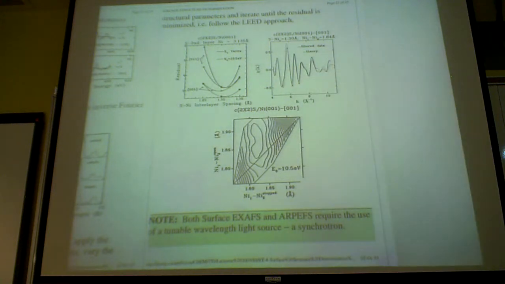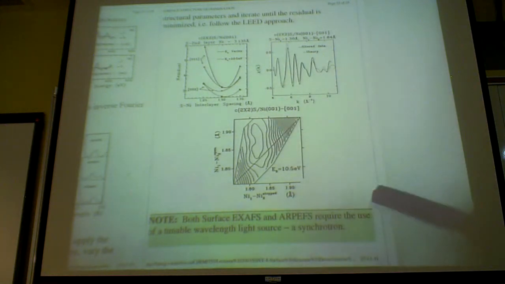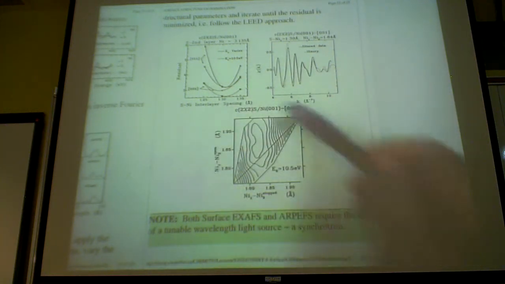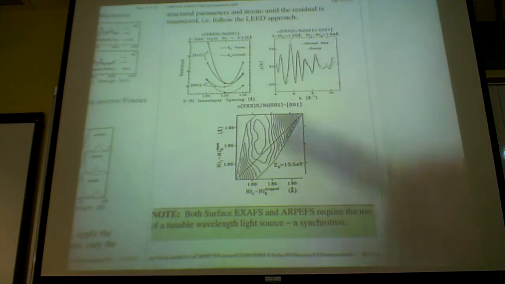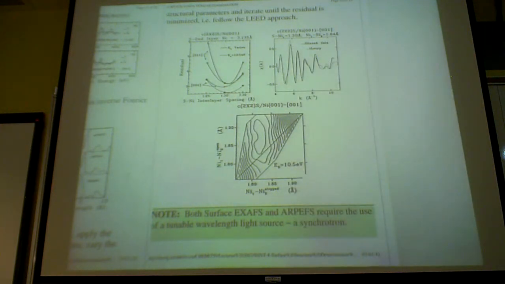Then you can vary one of the parameters of your structure, generate another curve and compare again, and from there you can calculate the R factor, just like the LEED that you calculate, and then you can tell which one gives you the closest fit.